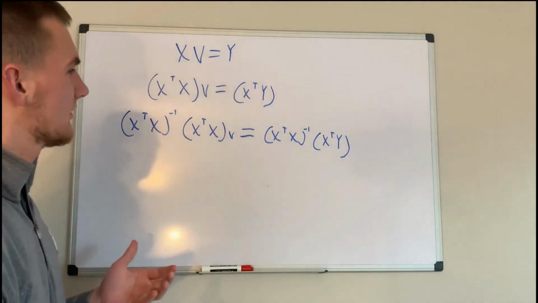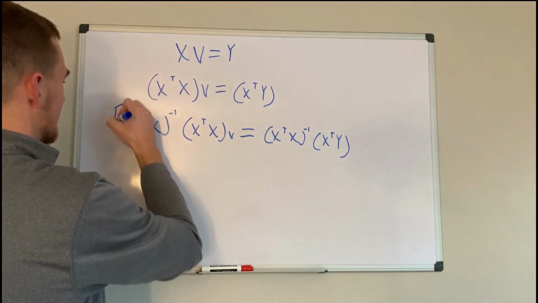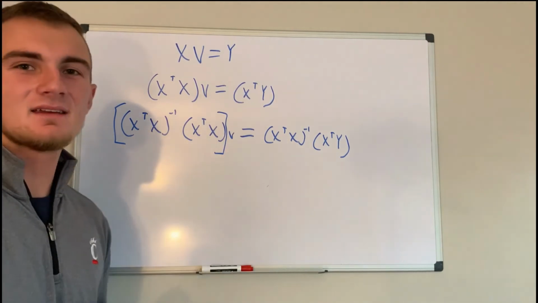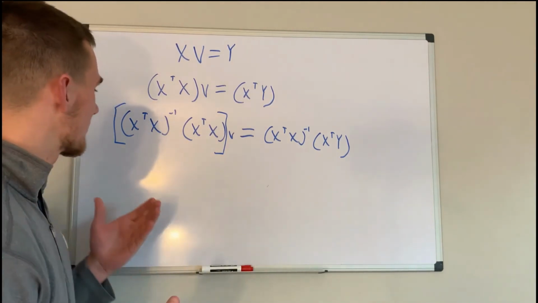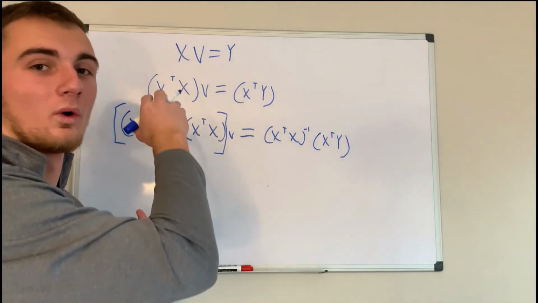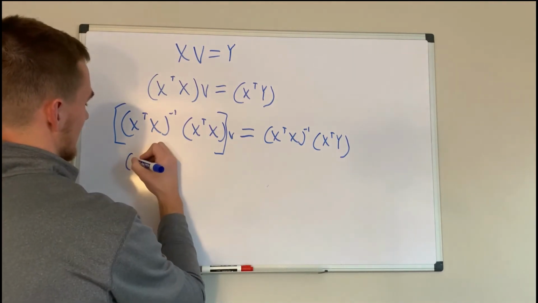So what we notice here is that this part right here is what is known as an identity matrix. This is a matrix with ones down the diagonal and zeros everywhere else. So I'm going to go ahead and write that in.